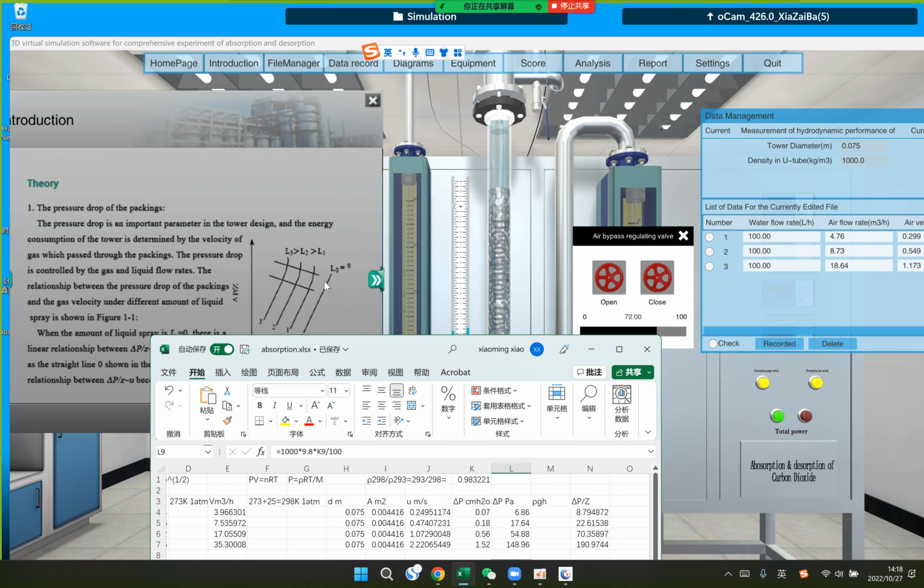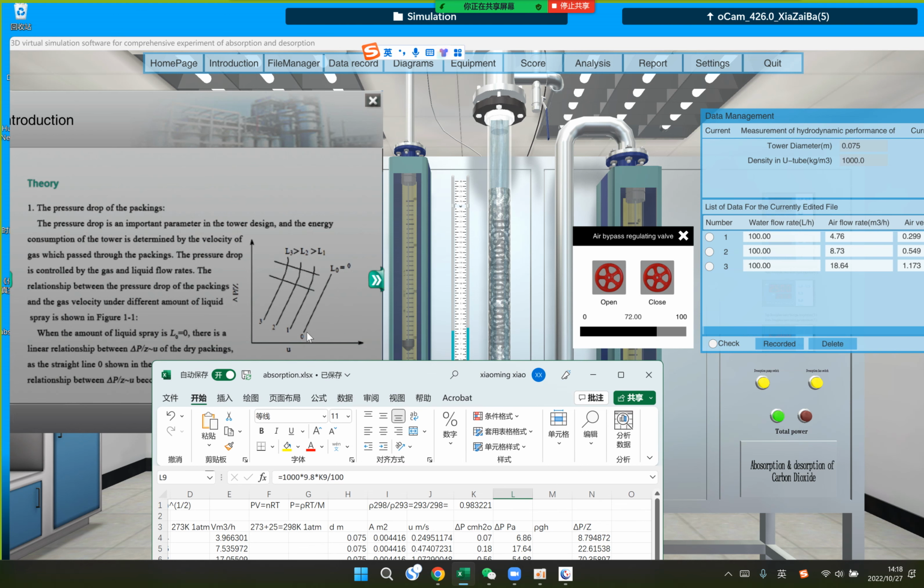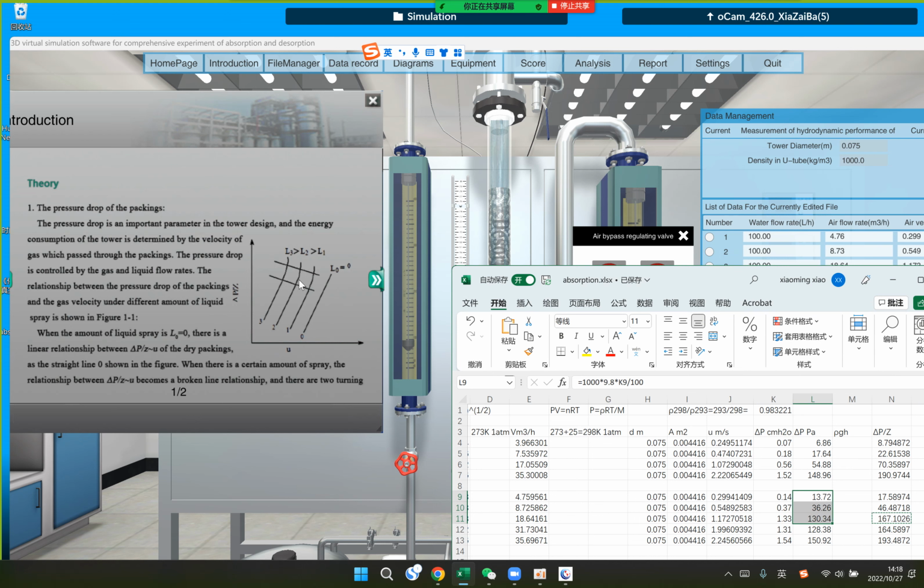But because this is a virtual simulation experiment, you have to determine the 2 points from the relationship between the pressure drop and the velocity. I think it's even harder for you, but you have to try that, even if you cannot find the phenomena from the animation.